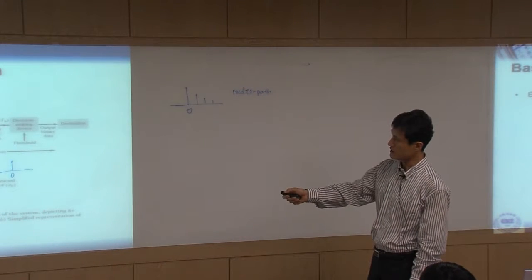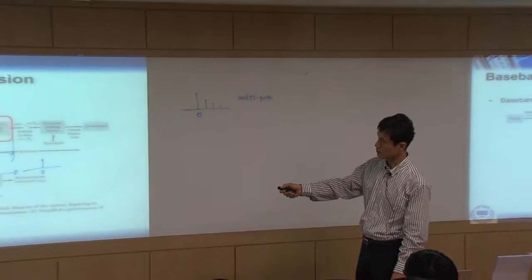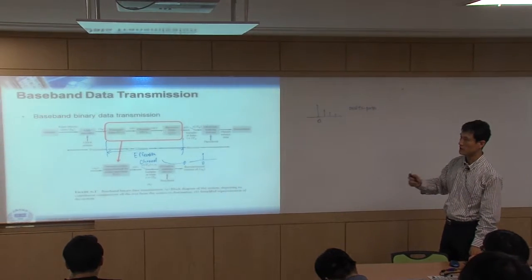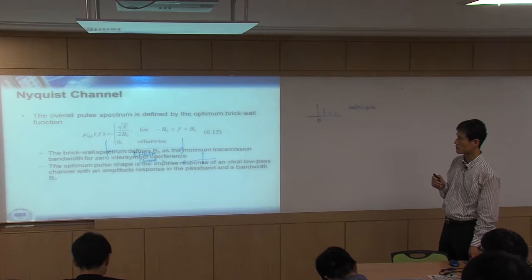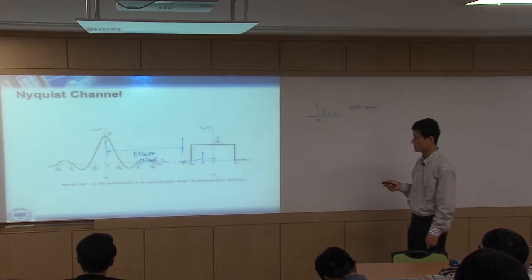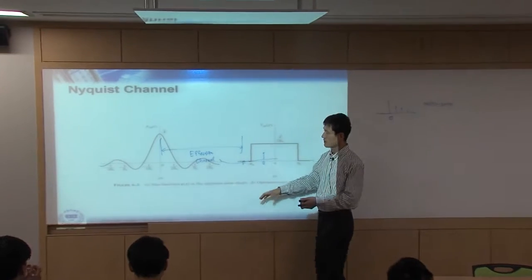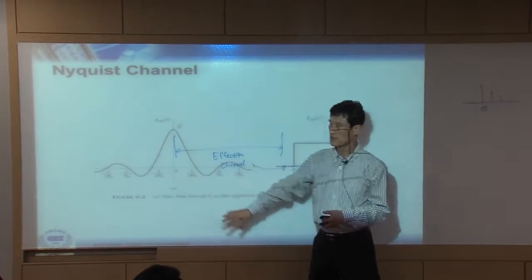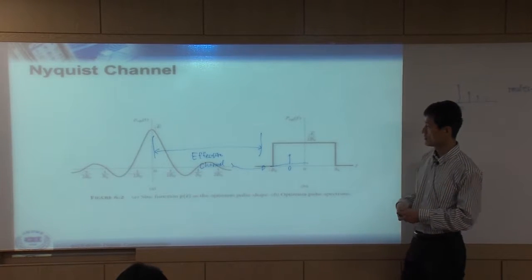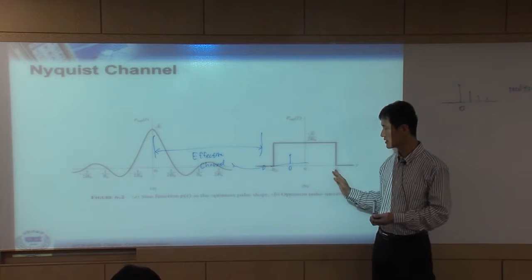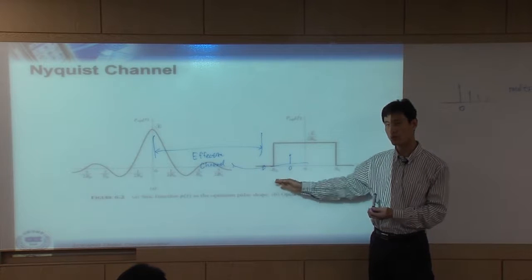So our goal, simply speaking, is to make this red box a Nyquist channel. That's what we are trying to do, right? So this is a Nyquist channel, and as you see here, Nyquist channel has this time impulse response and this frequency response. In the frequency response, your frequency will be limited to your bandwidth.